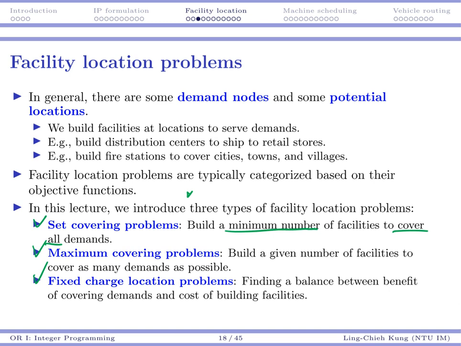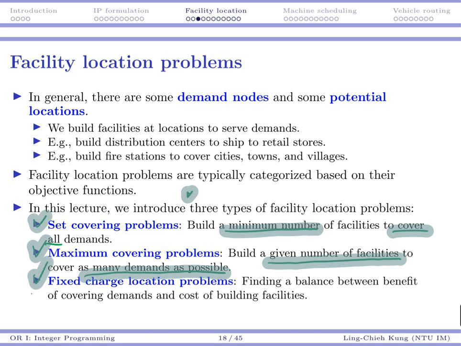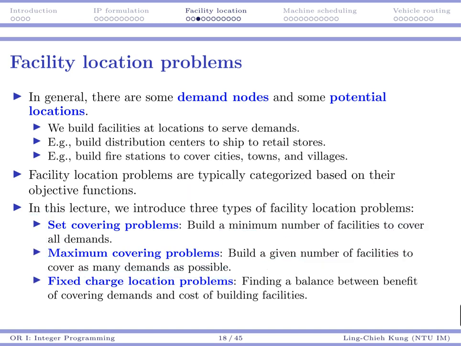The second is that the number of facilities you may build is fixed, is given. You want to cover as many persons as possible. So similar but not the same. They both want to cover something, but their objectives are somewhat different. Finally, you are not restricted in the number of facilities to build, but building facilities now has some cost.